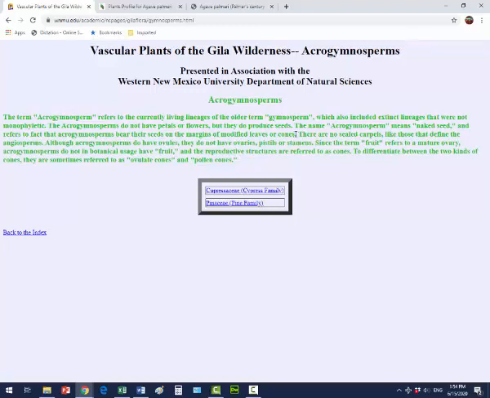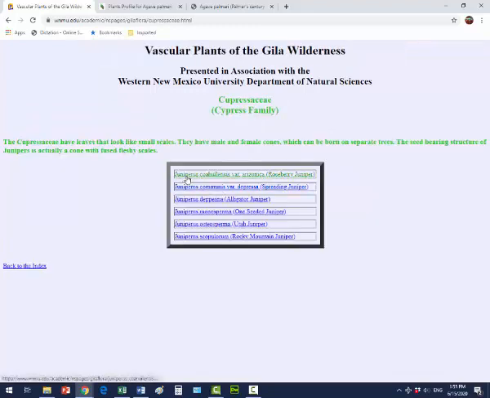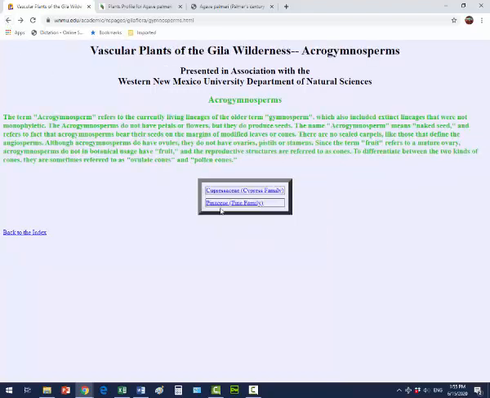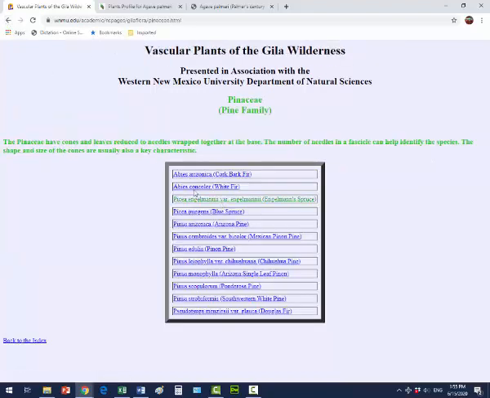Like in the eudicots or the monocots. But let's just look at these two families. Well, gosh, here's some stuff you know. Here are all the juniper species. Alligator juniper, one-seeded juniper. You know a little bit about those. What about the pines? There are some firs.